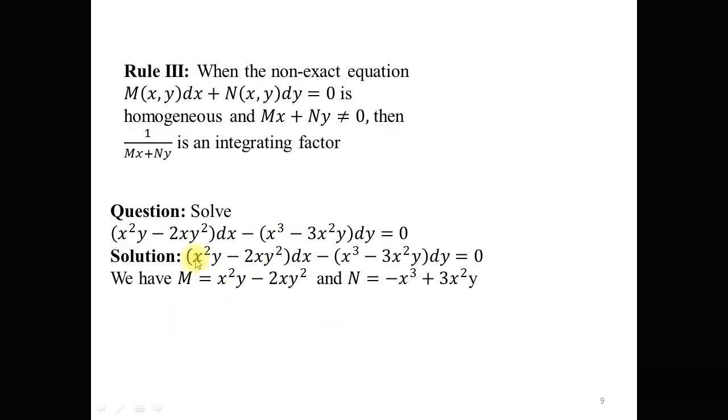If the equation is homogeneous, then we can find the integral factor by 1 over Mx plus Ny.